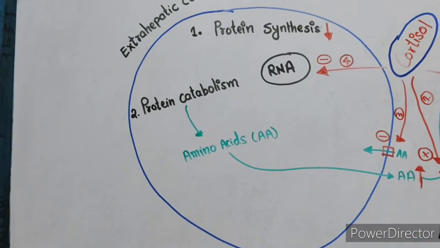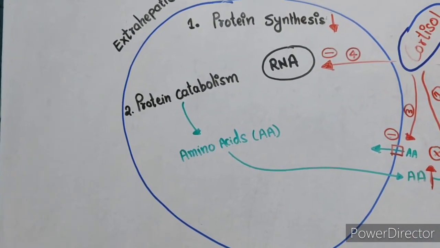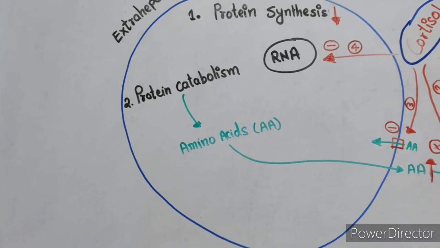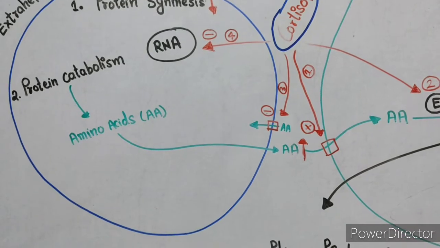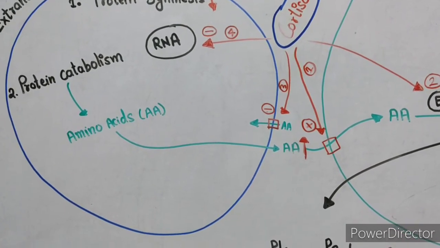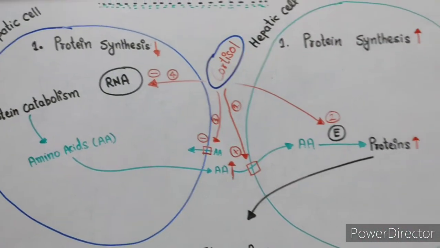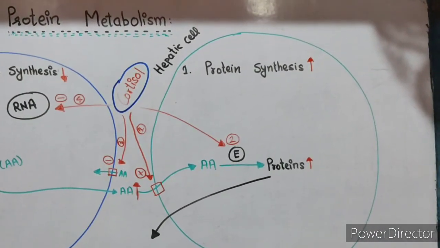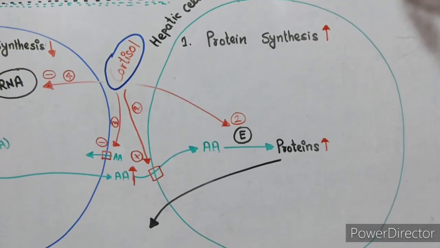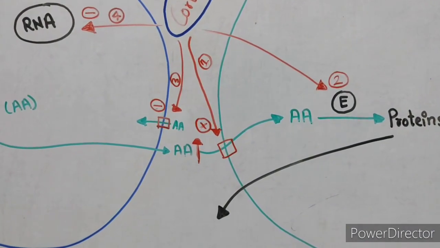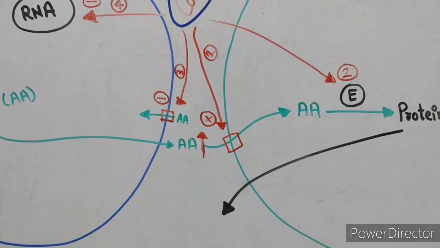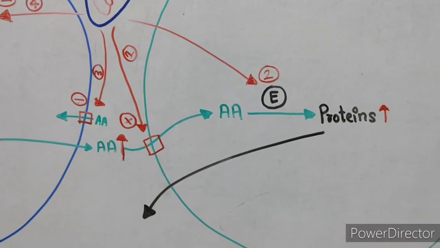Because of degradation of proteins, amino acids are released in the cell. These amino acids are further released into the blood. That's why in blood the amino acid level will increase. But in the hepatic cell, protein synthesis will be increased. How? First, cortisol increases the uptake of amino acids from blood into the hepatic cell.